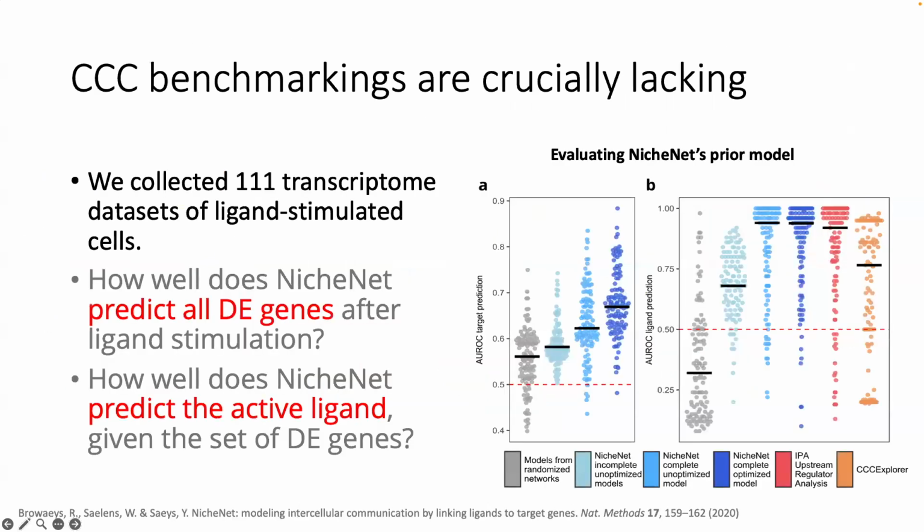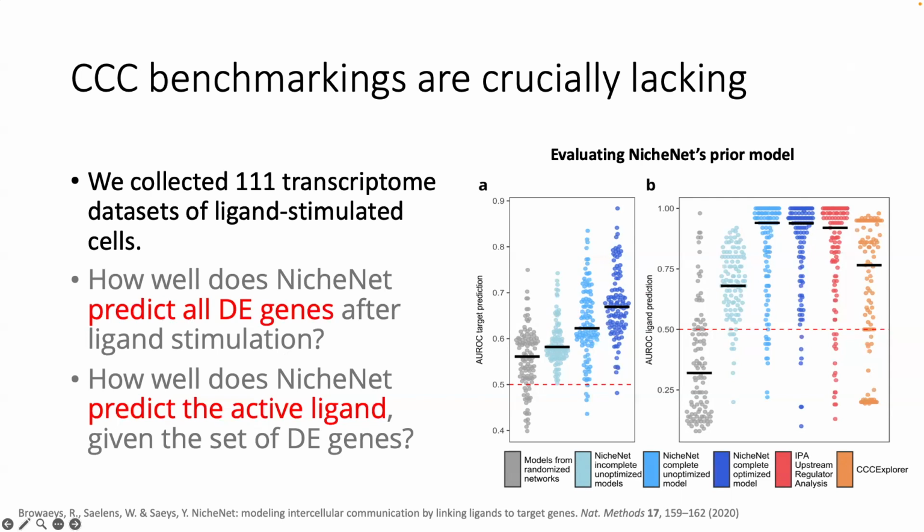In the NicheNet paper, we did a slightly different evaluation of our framework. We collected 111 transcriptome data sets where a particular ligand was added as a treatment. And what you can then do is compare the untreated with the treated sample, see what is the difference in gene expression, and see if NicheNet can correctly predict which ligand was added based on the transcriptomics data, right?